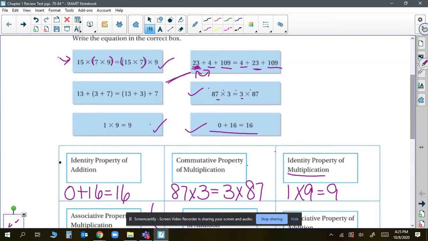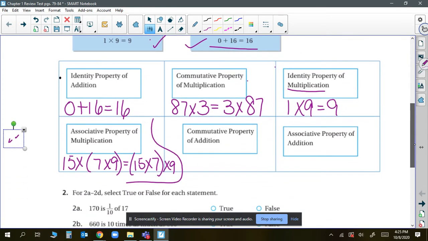So that is going to work. That is going to be the commutative property of addition. So 23 plus 4 plus 109 equals 4 plus 23 plus 109. Here I am running over again.